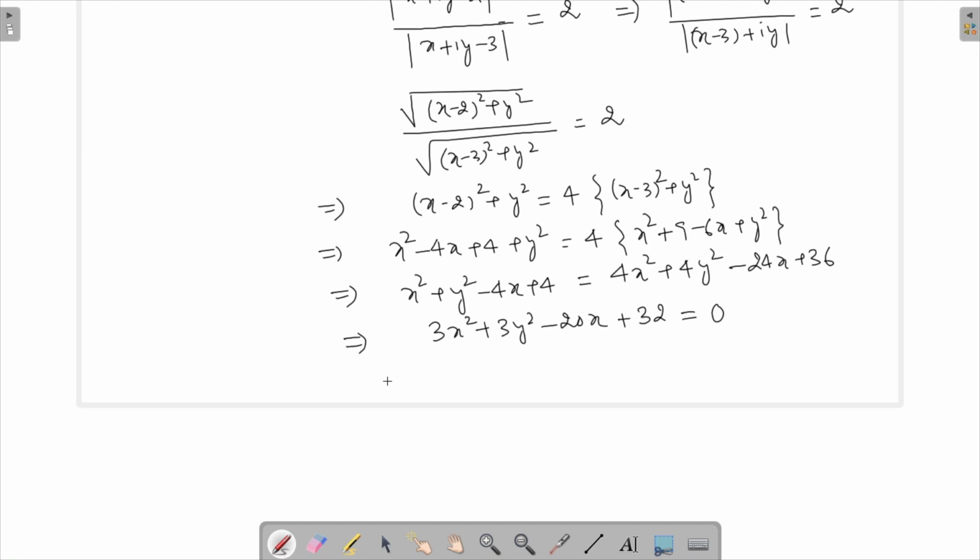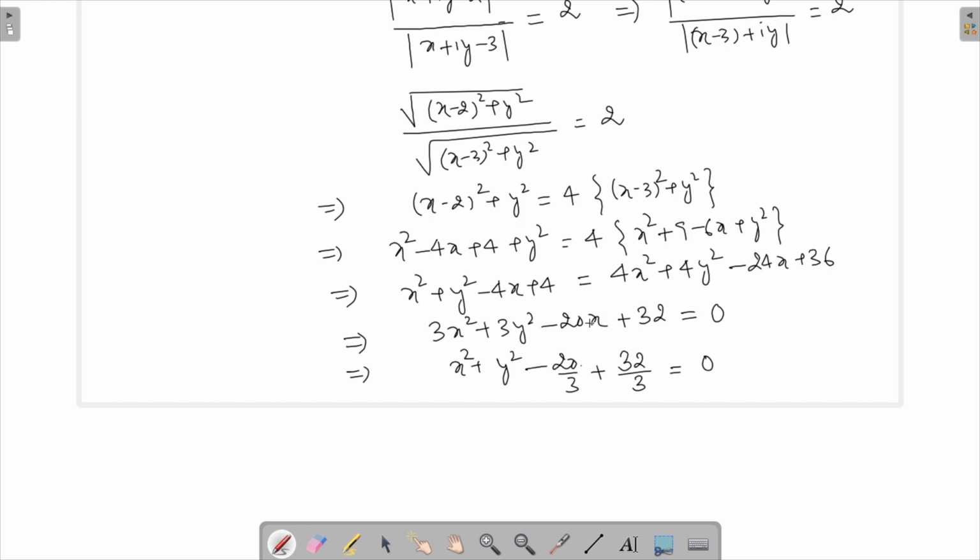So in the next step, I could divide it by 3 so that I get it in the form of the circle: x square plus y square minus (20 by 3)x plus 32 by 3 equals 0. So what will be the center of the circle?